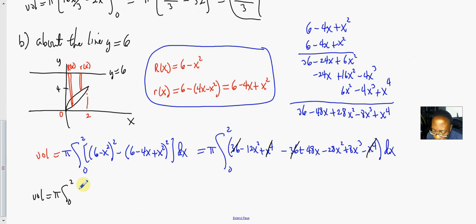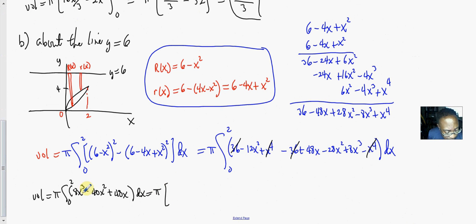The big guy is the 8x to the 3rd. Let's write him first. The next one would be the minus 12x squared and the minus 28x squared. So that's minus 40x squared. And then the plus 48x dx.